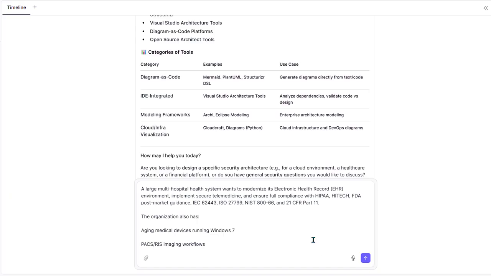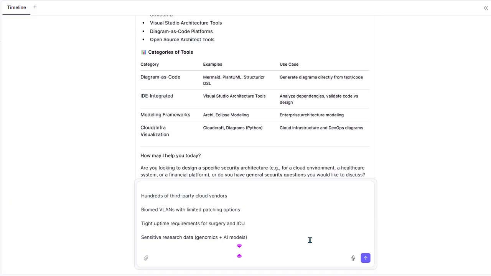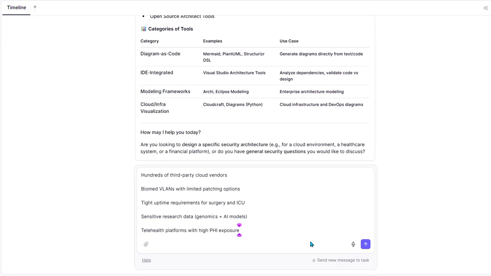The organization also has the following: aging medical devices running Windows 7, PACS radiology imaging workflow, hundreds of third-party cloud vendors, flat VLANs with limited patching options, tight uptime requirements for surgery and ICU, sensitive research data, genomics plus AI models, and telehealth platforms with high PHI exposure.